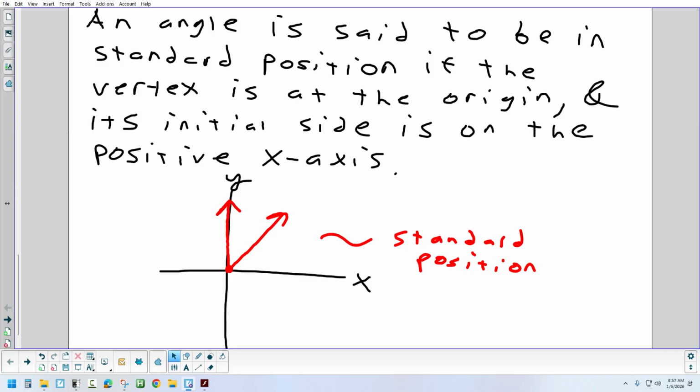But what's wrong with it? The initial side is not on the right side of the x-axis. The terminal side is on the y-axis, but the terminal side has nothing to do with the definition of standard position. You can put the terminal side anywhere you want. So that is standard position.